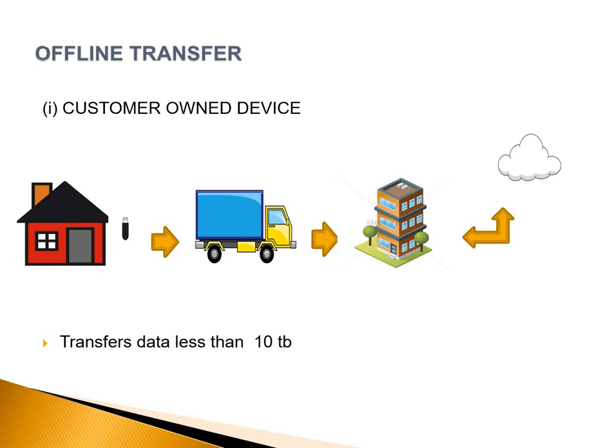Customers who have very little internet speed or no network will opt for customer owned devices. The client stores the data in a USB or hard drive, which is transported to the cloud provider's location in order to upload the data to the desired cloud. The only constraint in customer owned devices is that they cannot handle data of more than 10 TB.